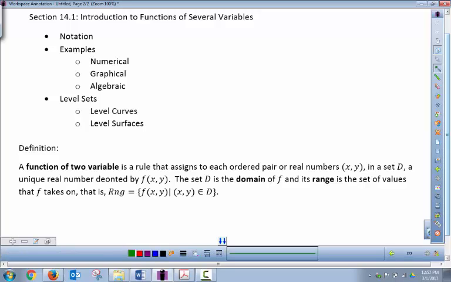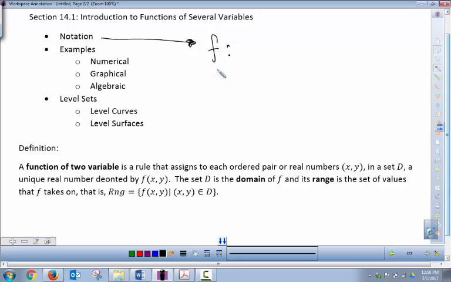So I want to assign a special notation for this that we may or may not have seen before, and I wanted to write it out because I'm going to continually make analogies or relations with some functions that we've known in the past. So this notation says that f is the name of your function.